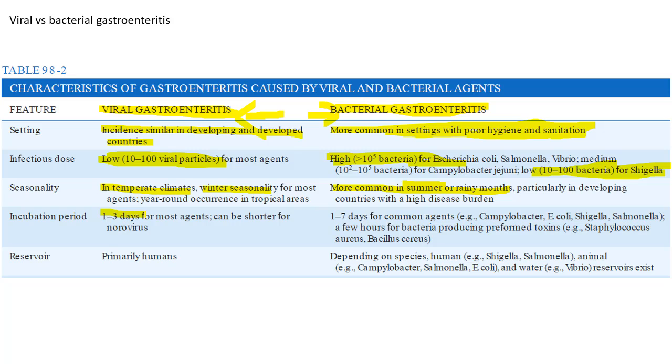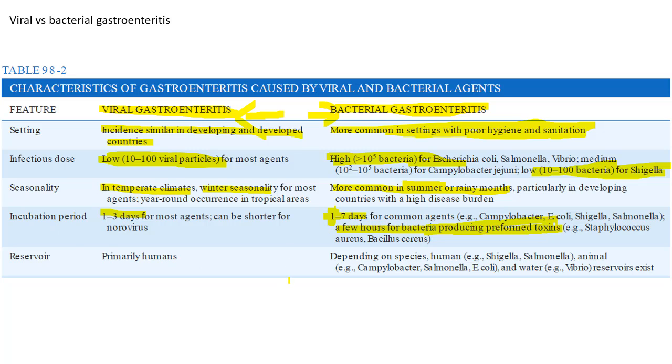It can be 1 to 3 days here, and here it can also be 1 to 7 days. But in the case of 1 day or even hours, if you remember, we said that there is probably a preformed toxin, like with Staphylococcus aureus toxins or Bacillus cereus. If there is a toxin already preformed, then we start seeing the symptoms within a few hours.